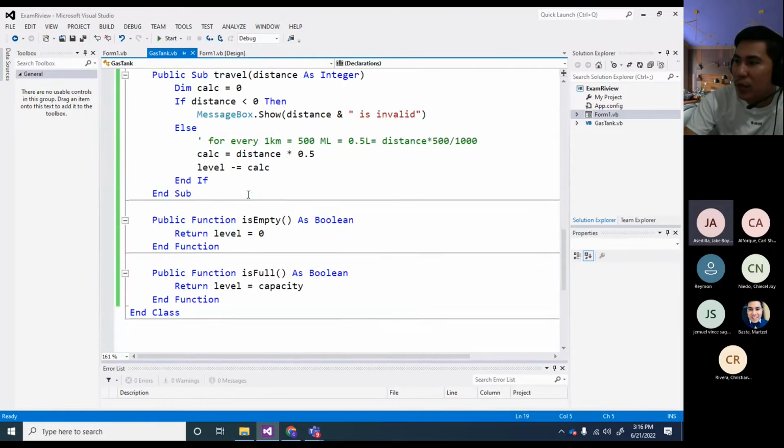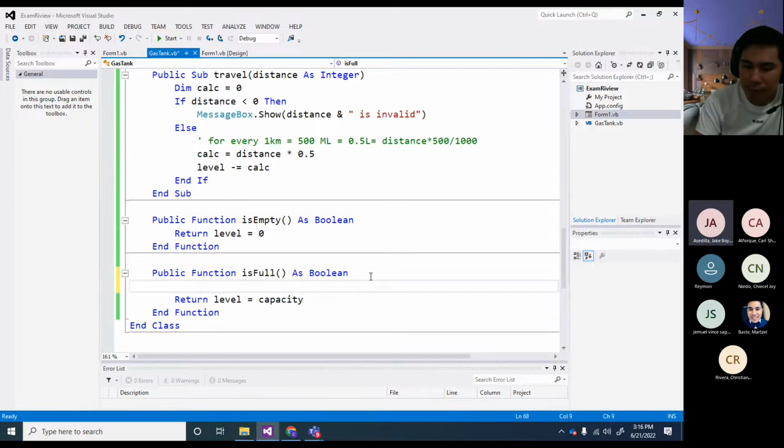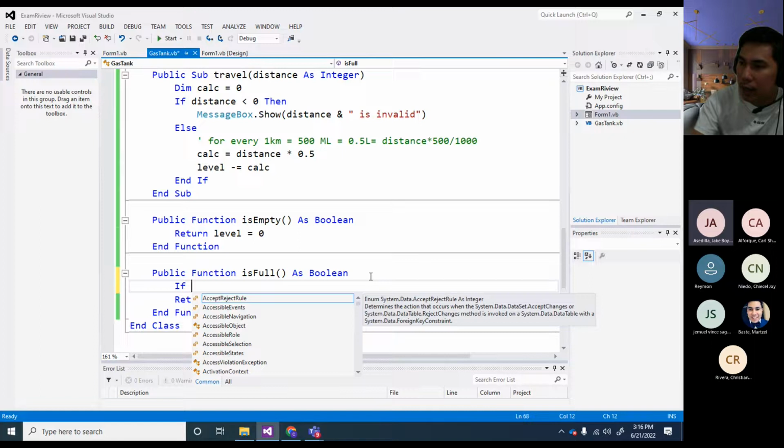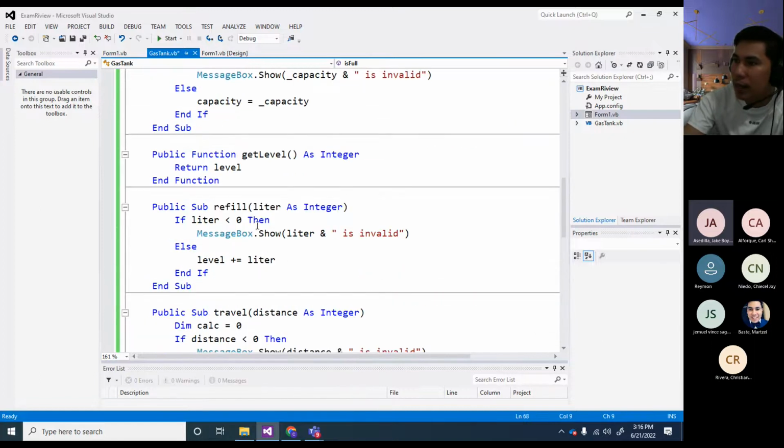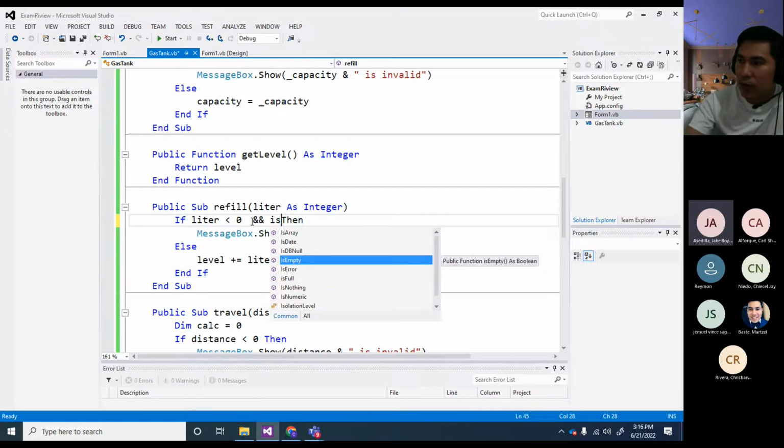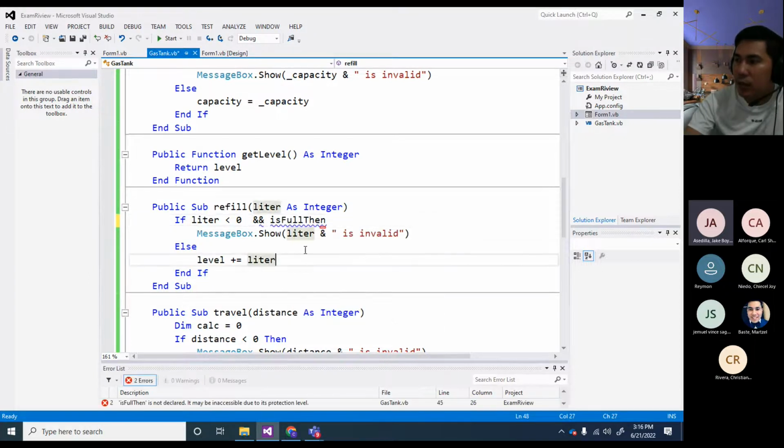Where we can actually put conditions here is if it is full, and if it is full, ayan.